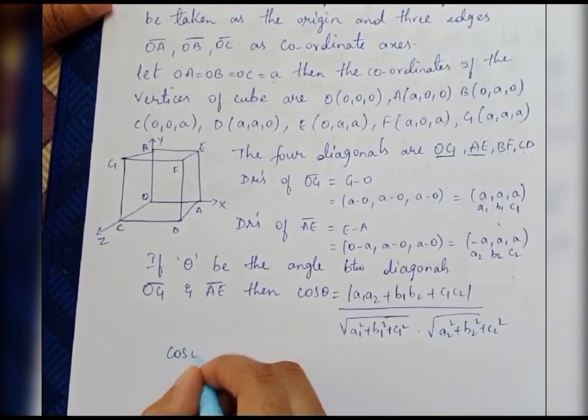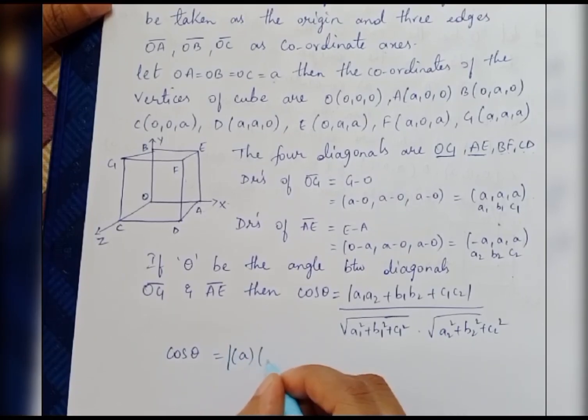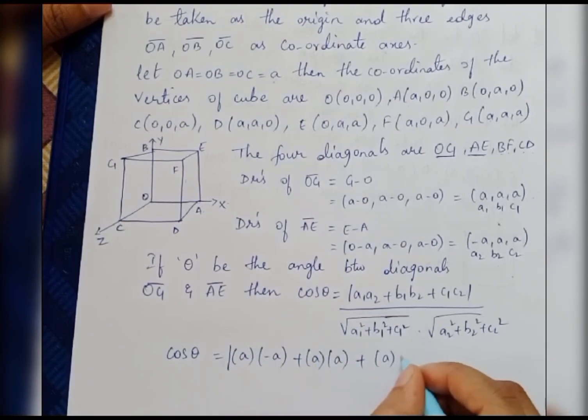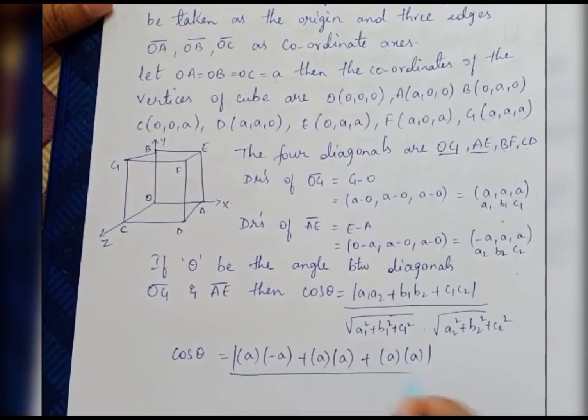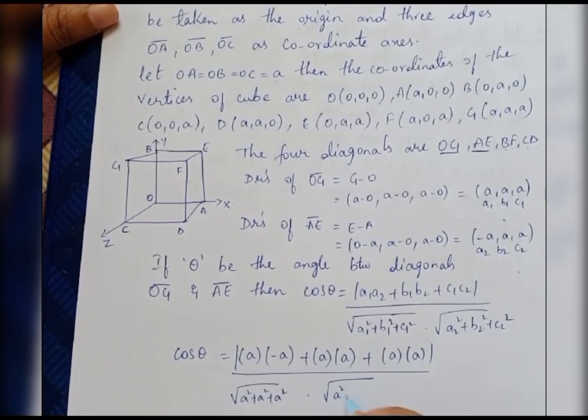So cos theta equals mod of a1 is a, into a2 is minus a, plus b1 is a, b2 is also a, plus c1 is a, c2 is also a, divided by root of a square plus a square plus a square, into root of a square plus minus a square plus a square plus a square.